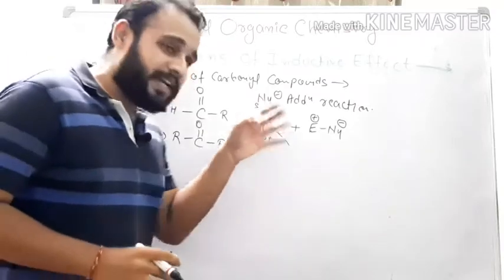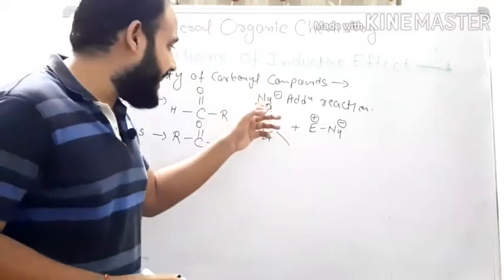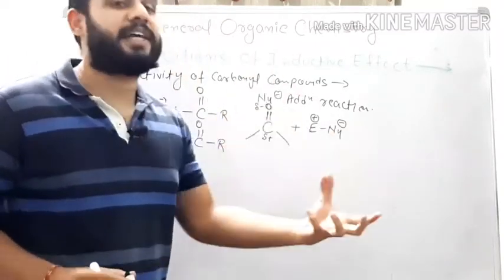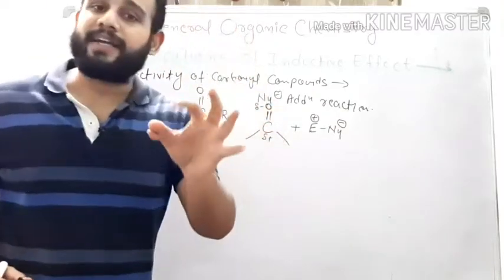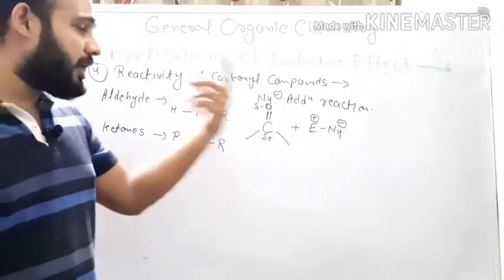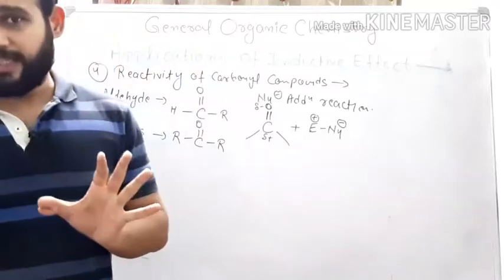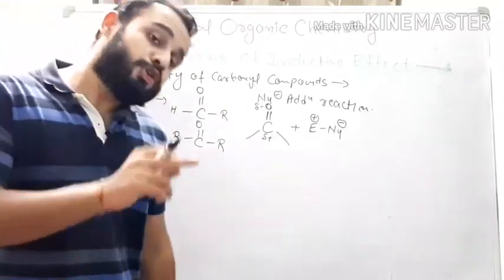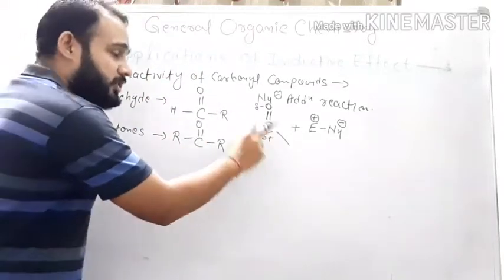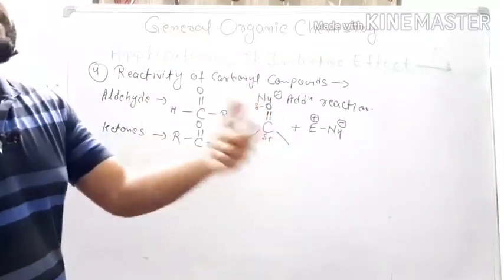So carbonyl carbon will act as an electron deficient center and carbonyl oxygen will act as an electron rich center. So your nucleophile can attack the electron deficient center, that is the carbonyl carbon.